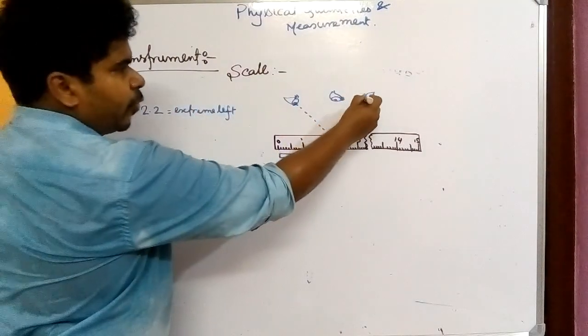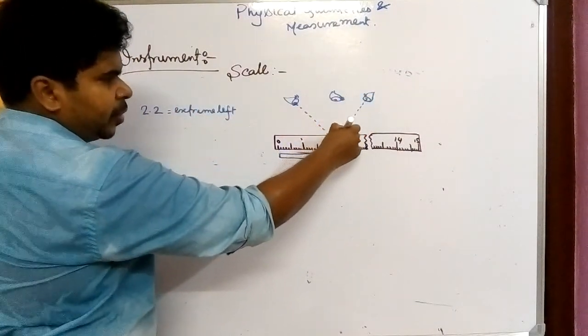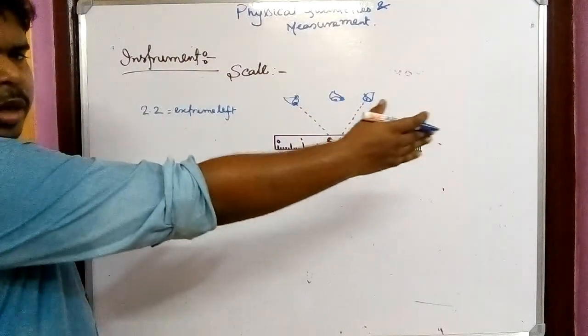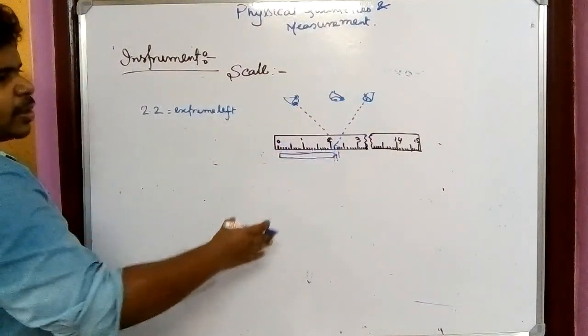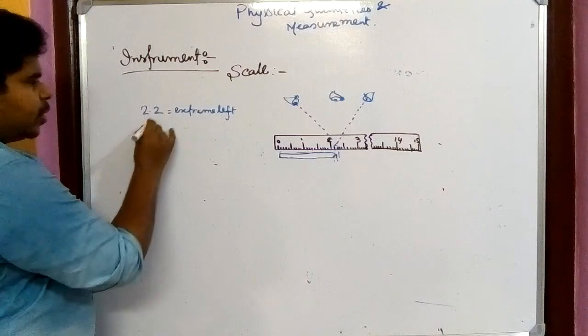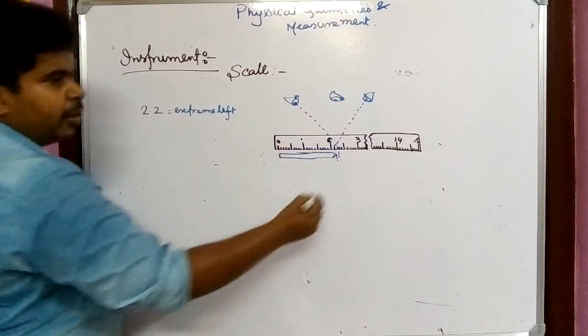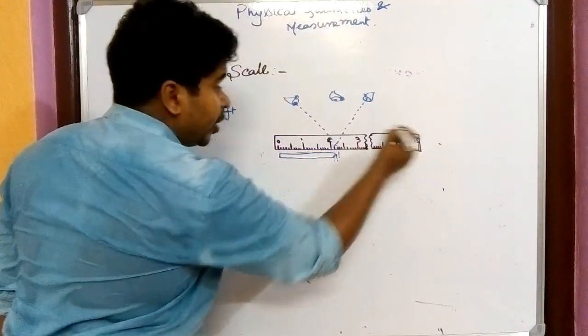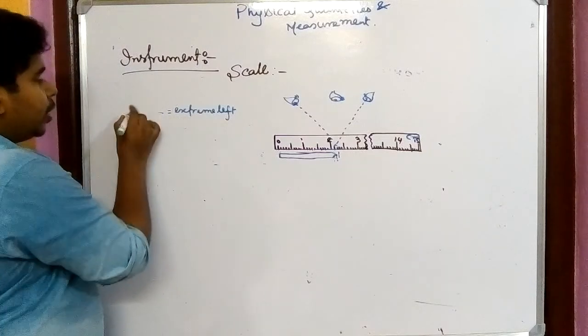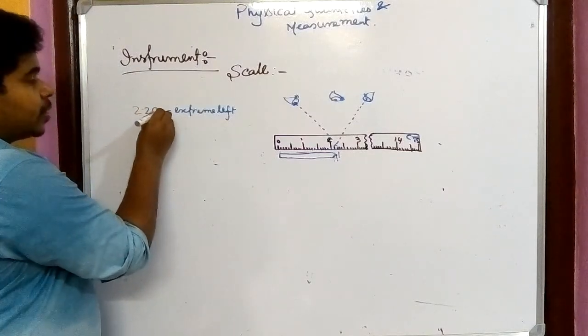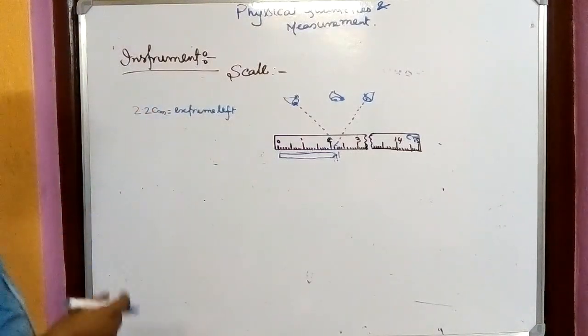If I see it from the extreme right, the digit it is given, let's say it is a centimeter scale, so it is 2.2 centimeter, that is the length of the pencil or pen.